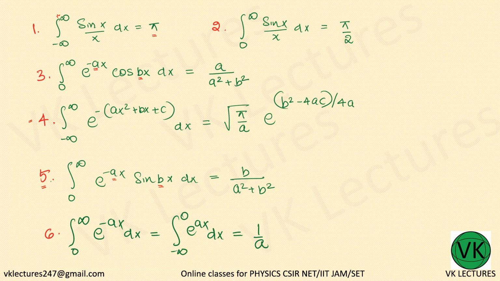It's 4 times a. Now the integral from 0 to infinity of e to the power minus ax, which equals the integral from minus infinity to 0 of e to the power ax, is both 1 by a.